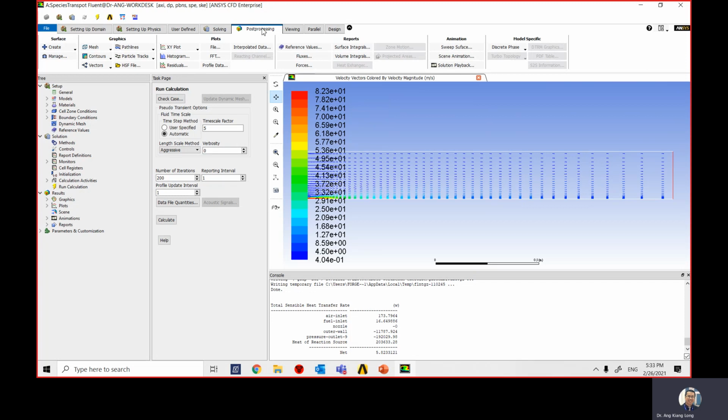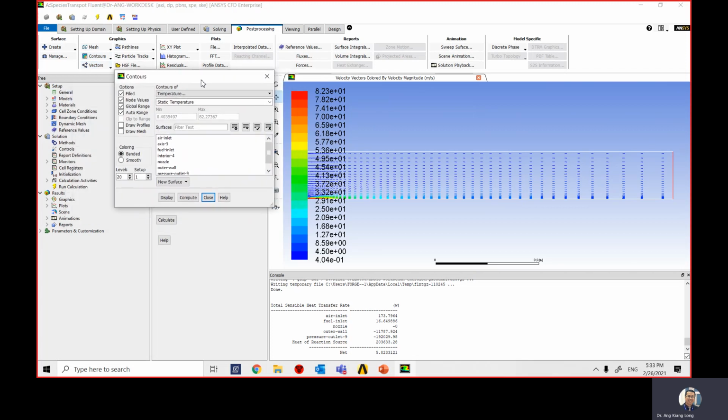Again, you go to post-processing, you go to contour, contour edit, and then under contour, we're going to see stream function. Under velocity, you go to the second one, there's a stream function here. Velocity, then select stream function, then click display.